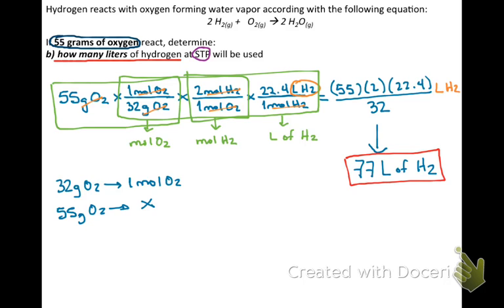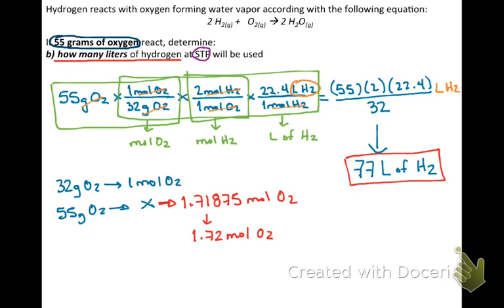Here we have 1.71875 moles of O2. If you want to round it up, it will be 1.72 mole.